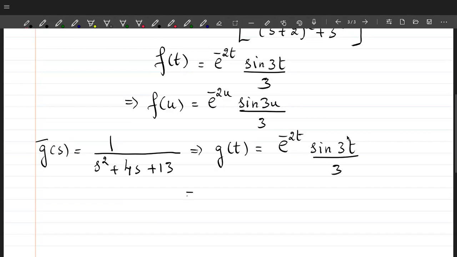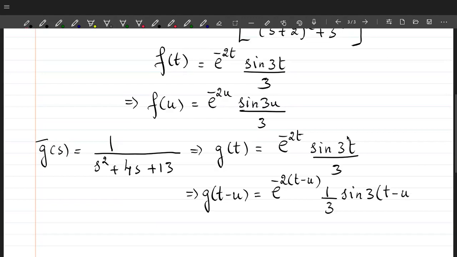But what we want to calculate here is the value of g of t minus u, and that's equal to e power minus 2 into t gets replaced by t minus u. Let me write this 1 by 3 here. Sine of 3 into t minus u.